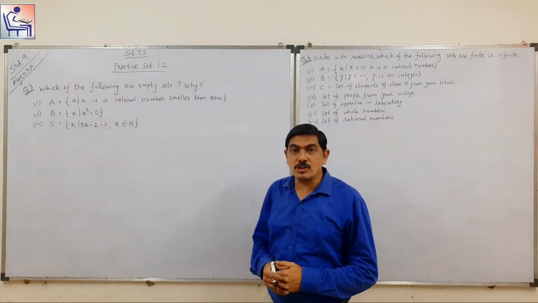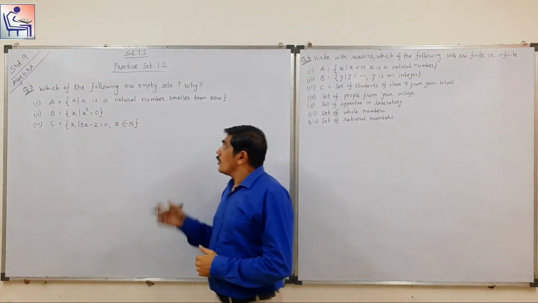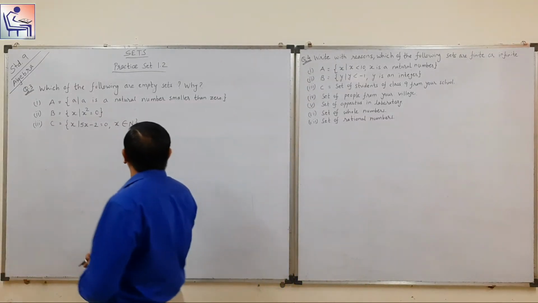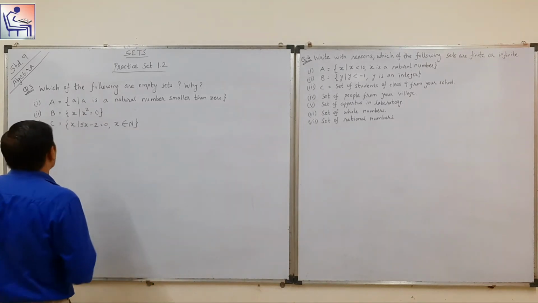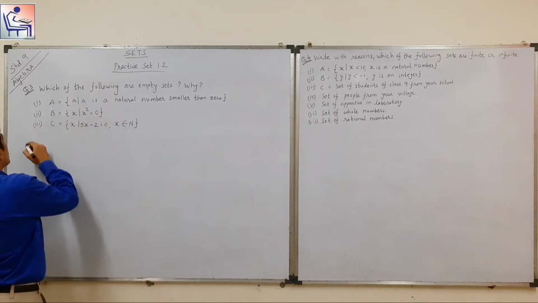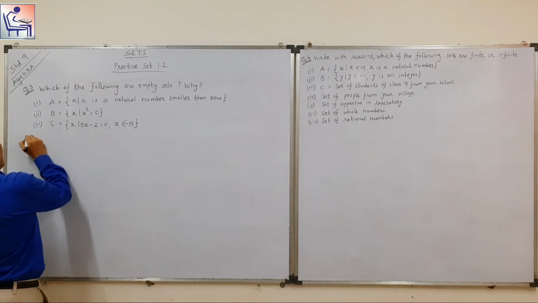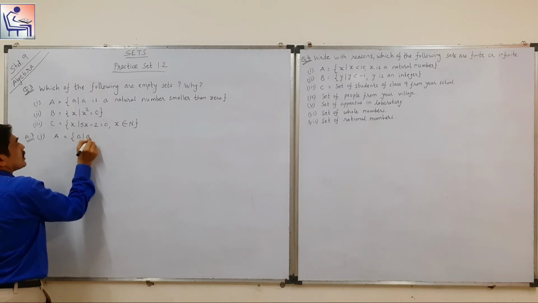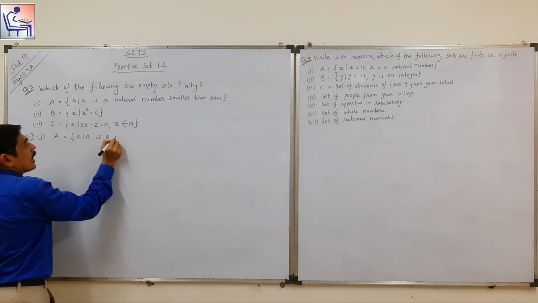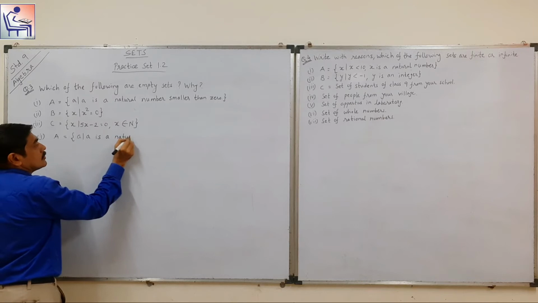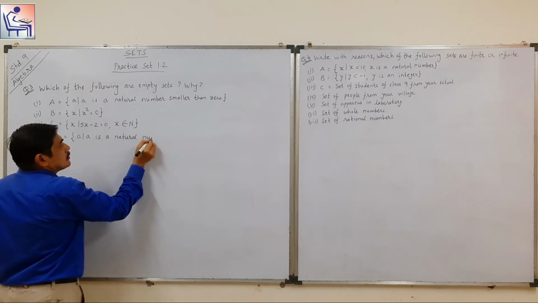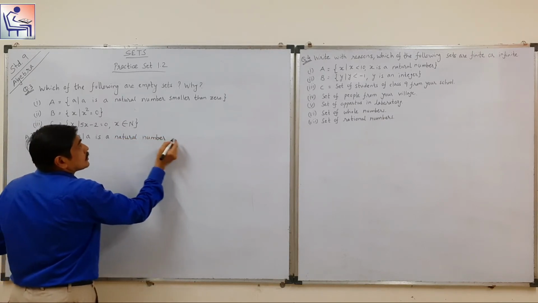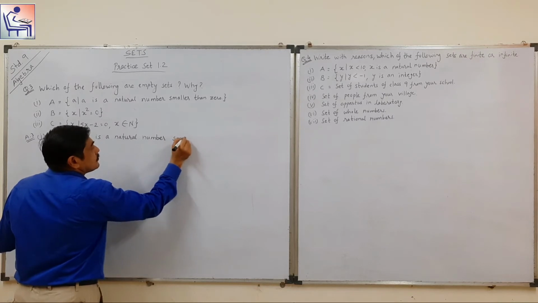We are starting with question number 3. Which of the following are empty sets? Why? Here the first set is given as A, the set of all a such that a is a natural number smaller than 0.